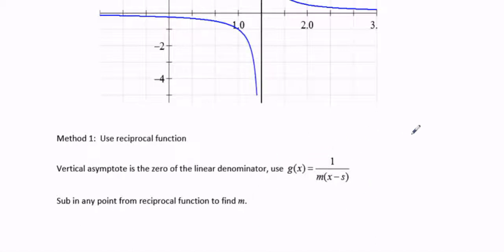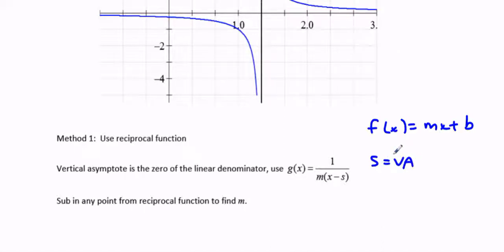Now this is interesting because normally when we have the linear function, let's call it f of x, it would have been in mx plus b form, right? Linear, normally. But we don't use the b here. We use m and we factored it out to get this s. And this s really does represent the vertical asymptote, okay?